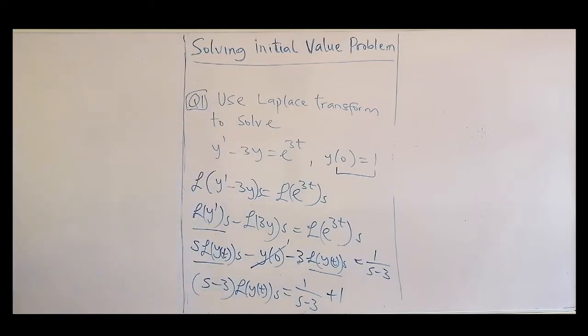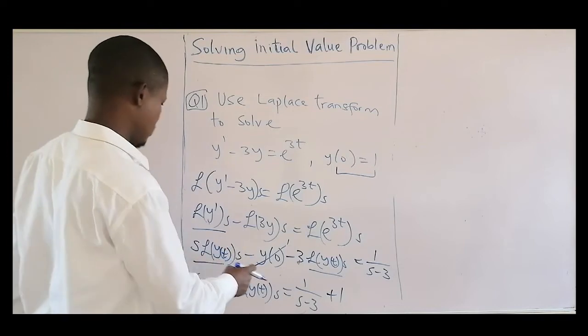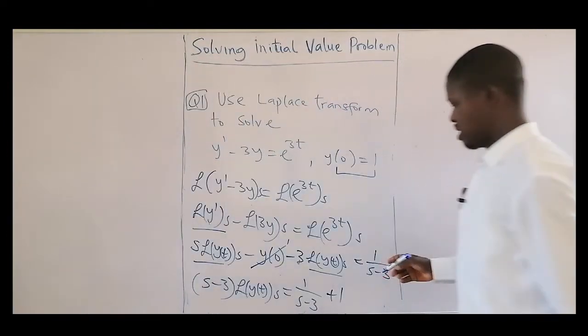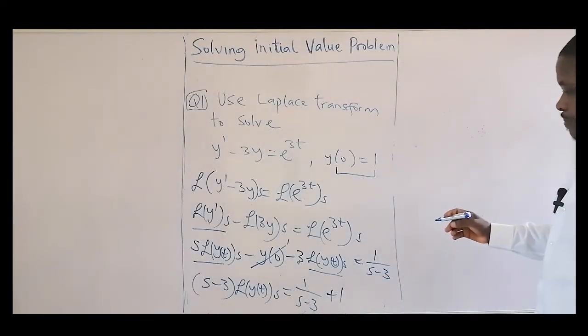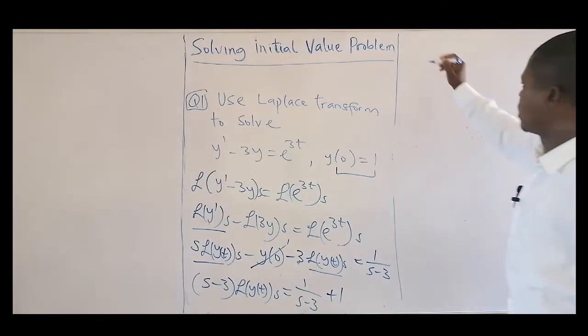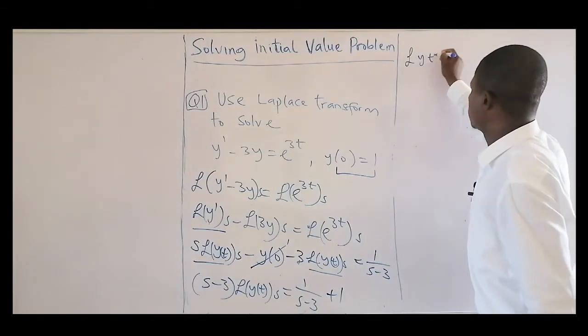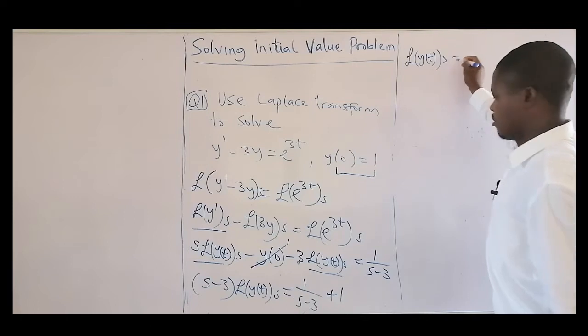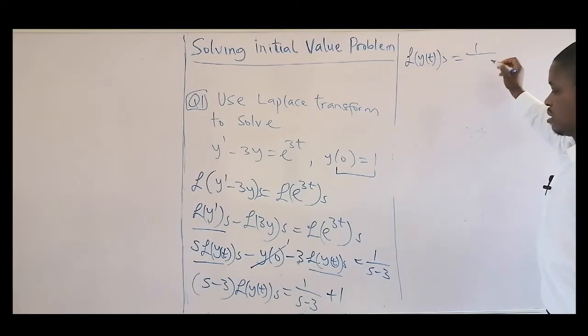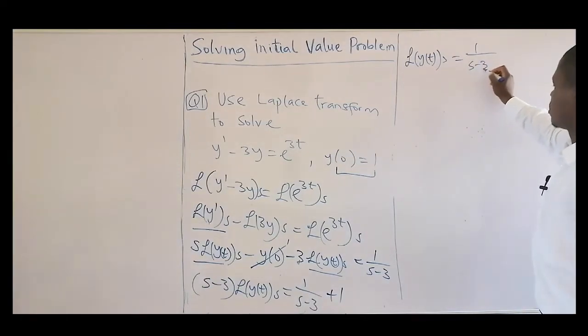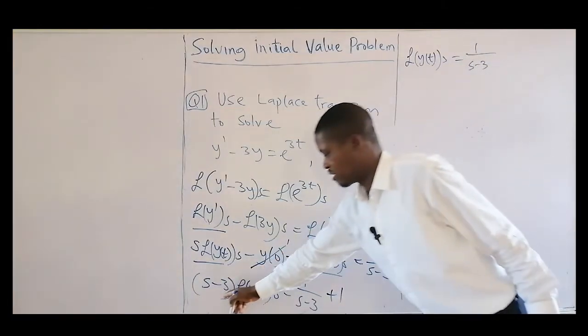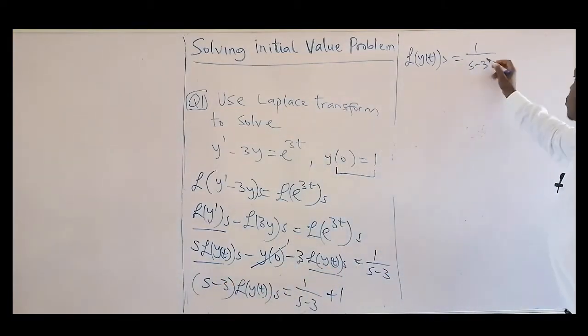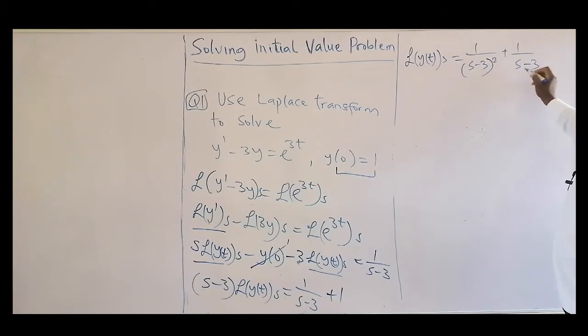Now we can make the Laplace the subject. Dividing by s minus 3, that will be 1 over s minus 3 squared, plus 1 over s minus 3. So this is what we have.